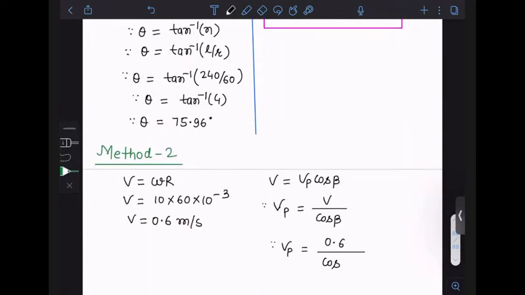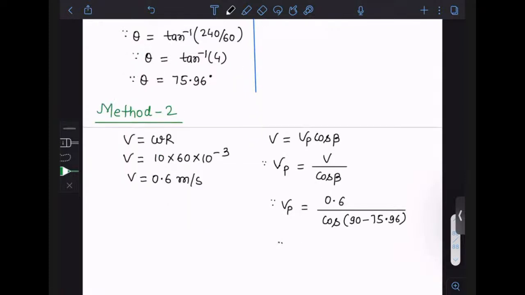Beta is 90 minus theta, so 90 minus 75.96, correct? So here VP is equal to, everyone, what are we getting? 0.6 by sine theta, because cos of 90 minus theta is sine theta.